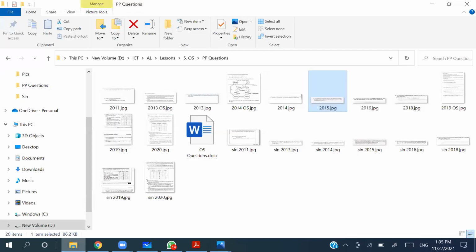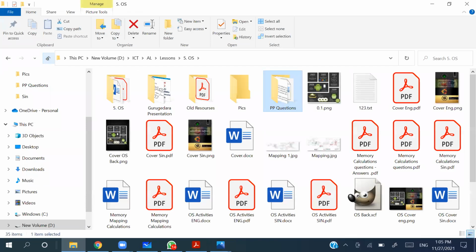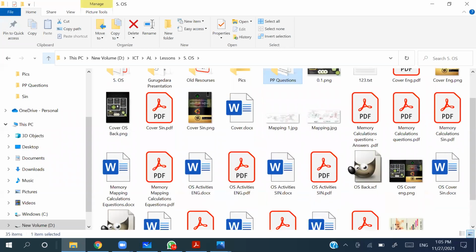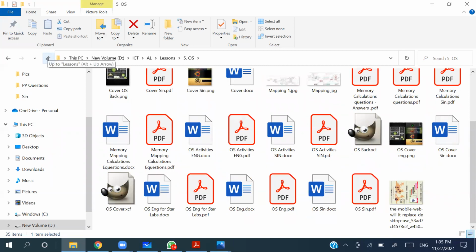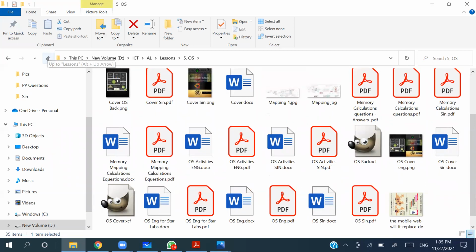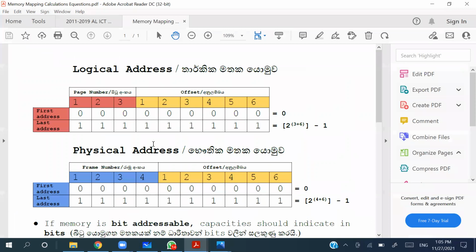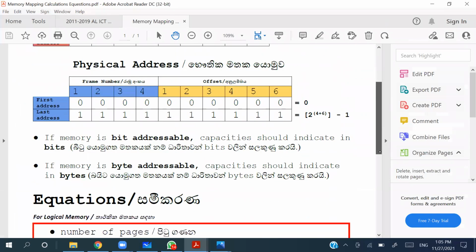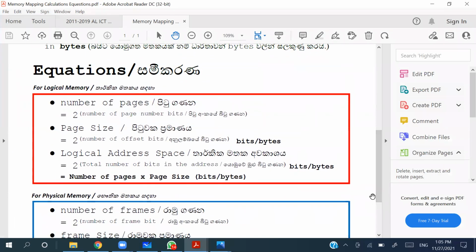Or else you can straight away use the equation that is there. Can you remember something like this? Where are my equations? If you concentrate on the very last one, the logical address space is equal to number of pages into page size.